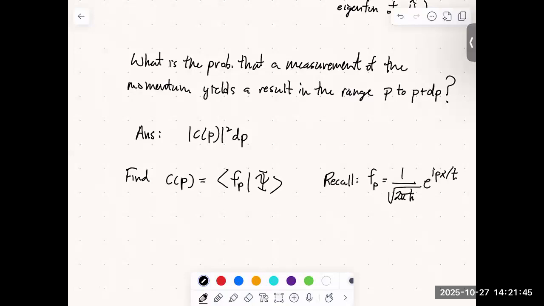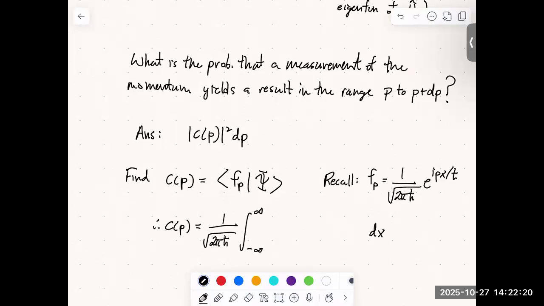Okay, so this is what we found last time. So let's see what happens if we try to do this calculation. All right, so we'll have a factor of 1 over square root 2 pi h bar. The inner product involves an integral. That integral is going to be over x in this example.